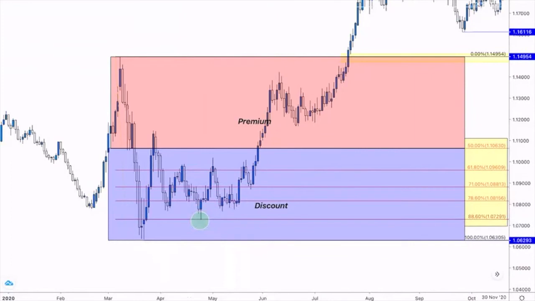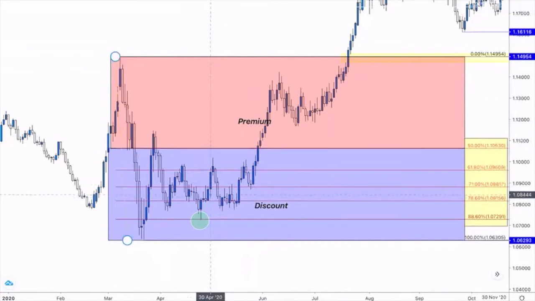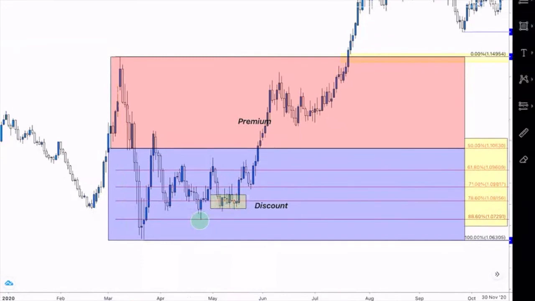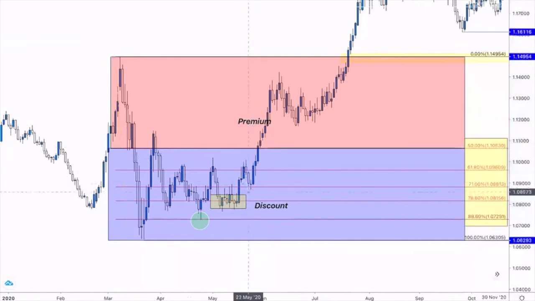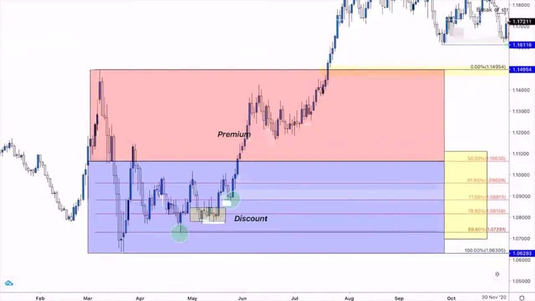Then it stayed on the next level right here at the 78, and after it broke from there, it went right to the 71, then bounced off of that. After it hit the 71, it was gone. So understanding that, you're looking for buying opportunities at discount price and selling opportunities at premium price.